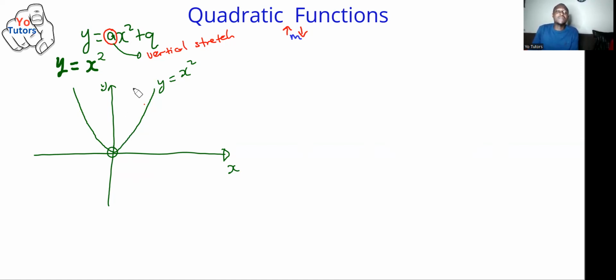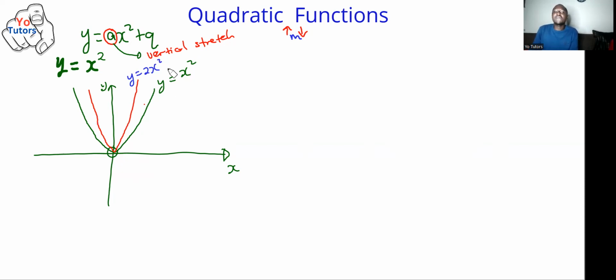For example, if we are to have y equals 2x, if you attended lesson 1 on linear functions, you now understand what I mean by this. Now it has to do with the gradient. So for example here, it's y equals 2x squared. So it's steeper than the normal mother graph.